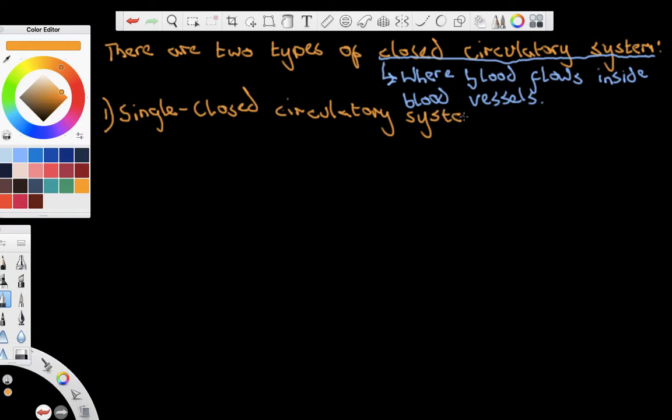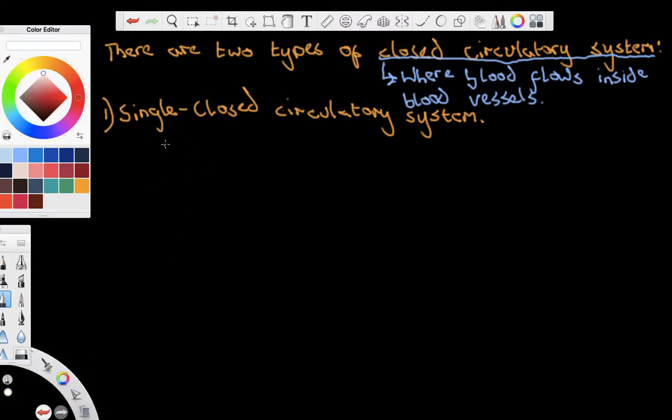A single closed circulatory system is where the blood flows through the heart once for every complete cycle of the circulatory system. And we'll explain that in a bit more detail in a moment.